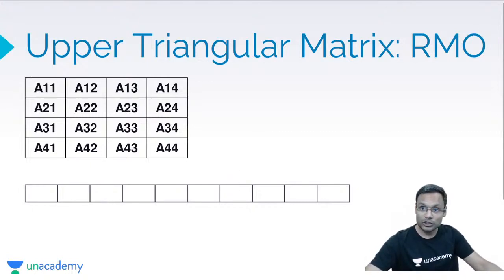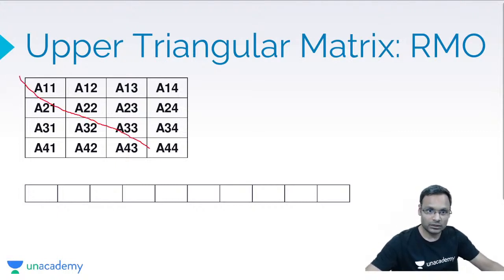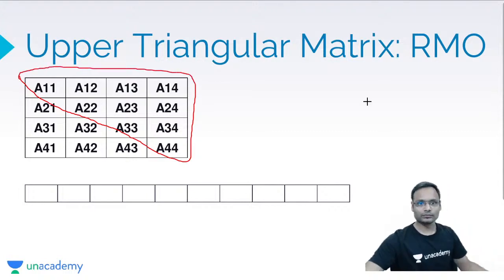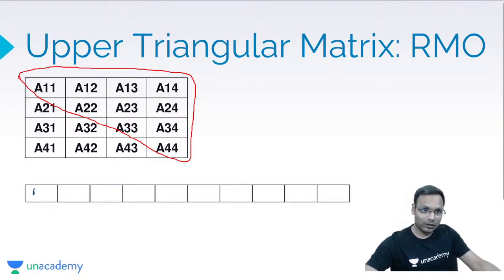Row measure order, row wise we will have to store the elements. Okay, directly I am going to draw this, samosa, bread samosa. Here you go. This you will have to store row wise. First of all, entire first row A11, A12, A13 and A14. Next, second row starts from 2 2, then 2 3, then 2 4.